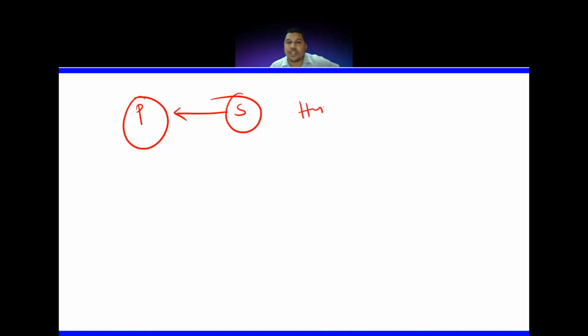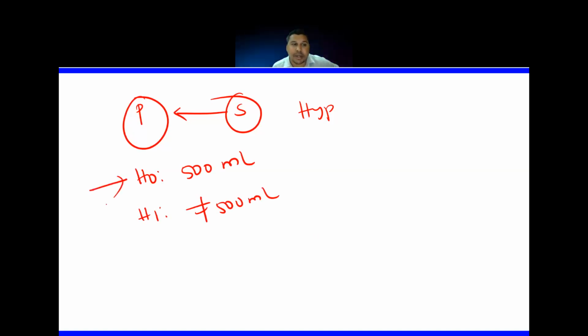Now, what is hypothesis testing? So, H naught is that the amount of Coke is 500 ml. The company is saying that. H1, I am saying it is not equal to 500 ml. So when the company made a statement that it is equal to 500, I want to test this statement, H naught, whether what it has said is right or wrong.